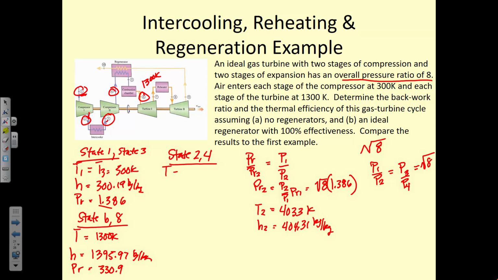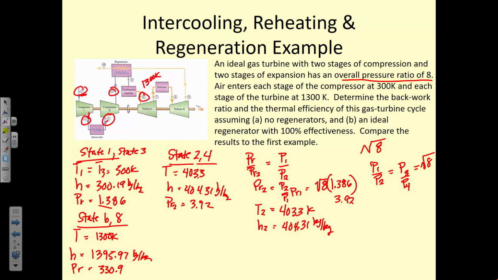Fortunately for us, state 2 is the same as state 4, so that helps us out a lot. Which is 404.31 kilojoules per kilogram. And that's because our PR2, when we solve for it, is 3.92.